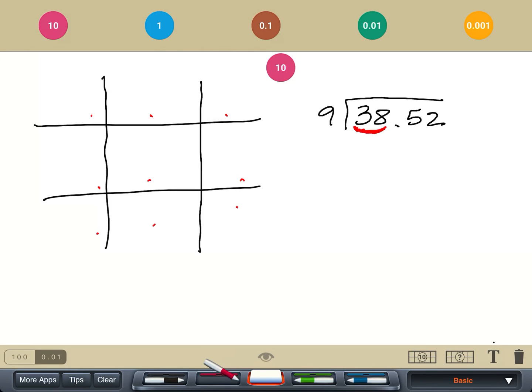So if we put 5 in each group, we would have used 45, but we only have 38, which is why we need to put 4 ones in each group. And I'm going to make these decimals really big to show this 4 is in the ones place. So you go ahead and put 4 ones in each of the 9 groups.